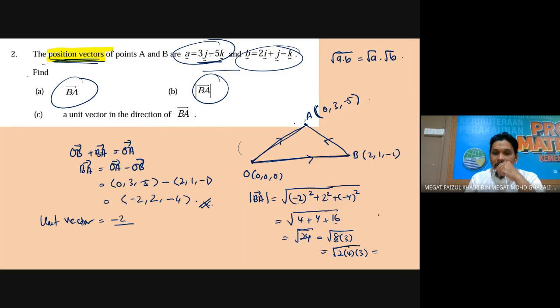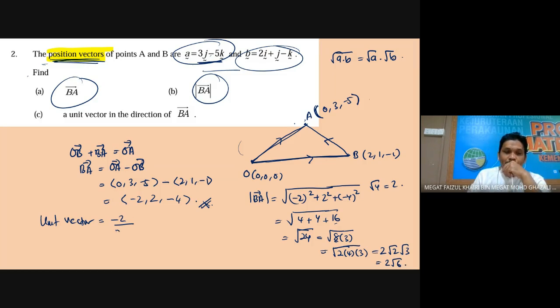Class, the square root of 4 equals 2, right? So from here, the square root of 4 equals 2, and we simplify the square root of 2 times the square root of 3 as 2 square root of 6.